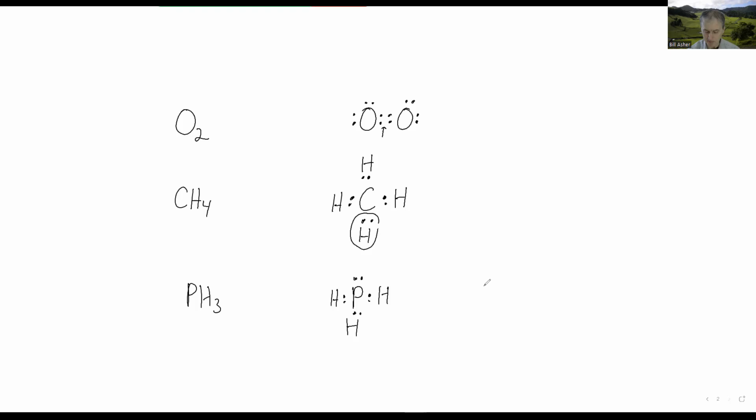Ammonia is the same, has the same outer electron structure as phosphorus, NH3. So we have N, and then H, right? So that's what's going on with covalent bonding.